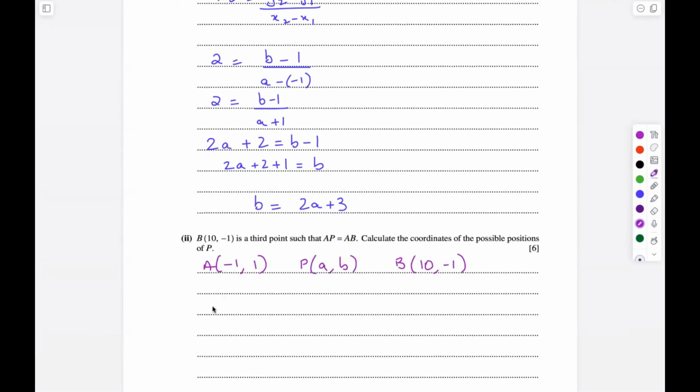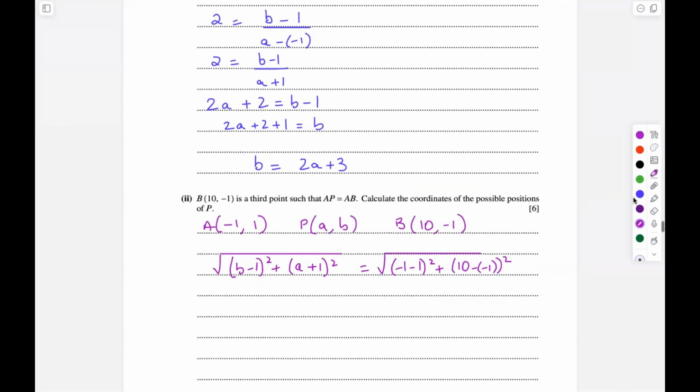We know that the distance formula is the square root of (x2 minus x1) squared plus (y2 minus y1) squared. So that will be b minus 1 whole squared plus a minus minus 1 whole squared, so that will become a plus 1 whole squared. And then equating it to the distance AB, that will become minus 1 whole squared plus 10 minus minus 1 whole squared, so that will become 10 plus 1.